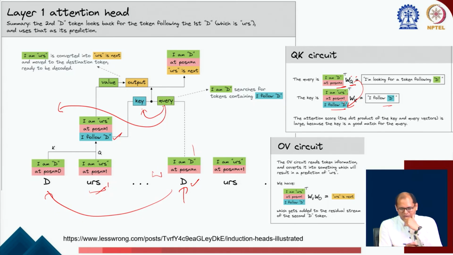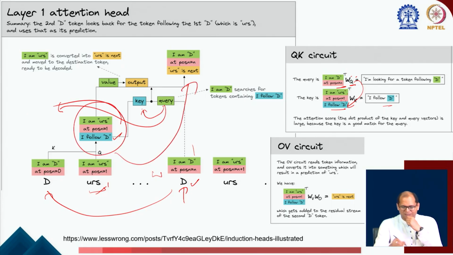Now, next the OV circuit will come into play. We will see what I write from here to this word. What will the OV circuit do? It will read the token information and convert it into something which says you have to have the next word as ers. What you write is for the unembedding. Remember there were 4 subspaces.